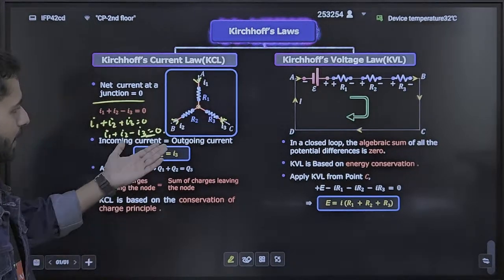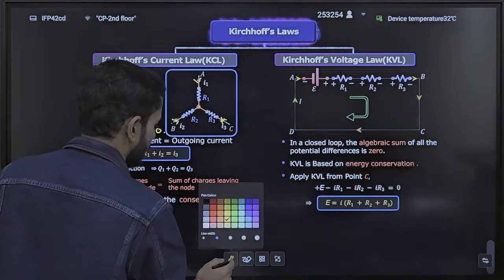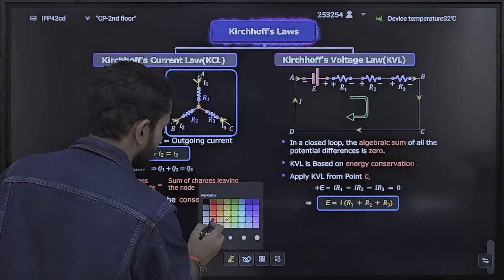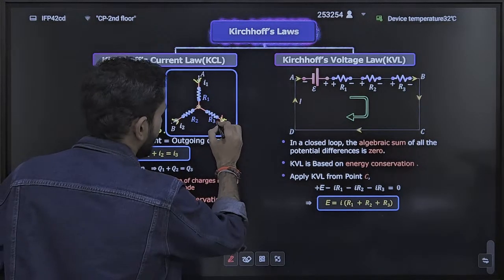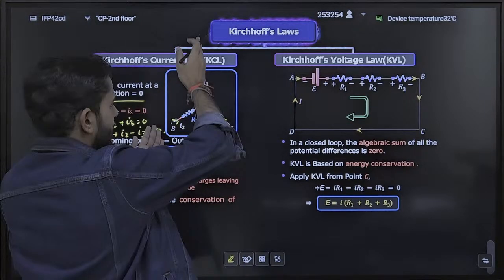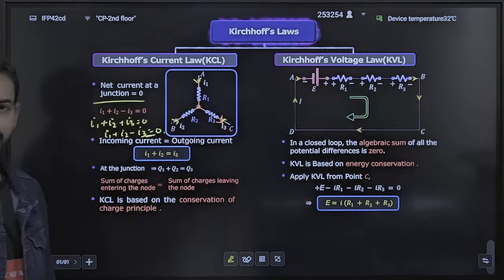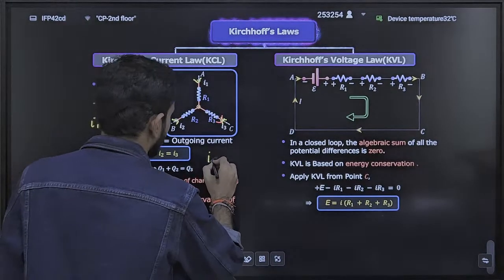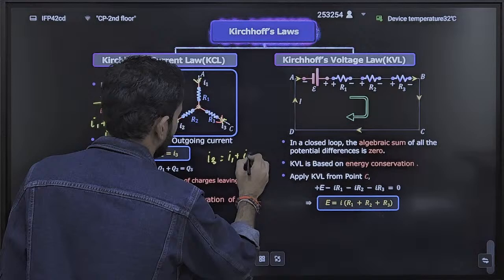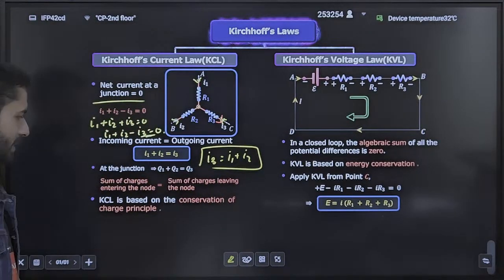Or it can also be stated that if I draw the actual diagram of the movement, I1 and I2 are coming, they are joining and then moving as I3. This kind of current is flowing into it. So it can also be written as I3 is equal to I1 plus I2. These kinds of things are very obvious to you. You are studying this KCL and KVL from the basic classes.